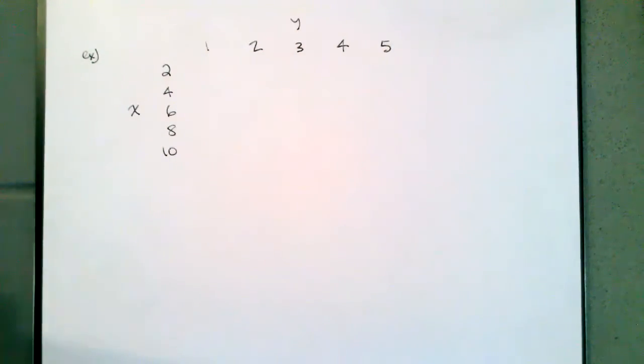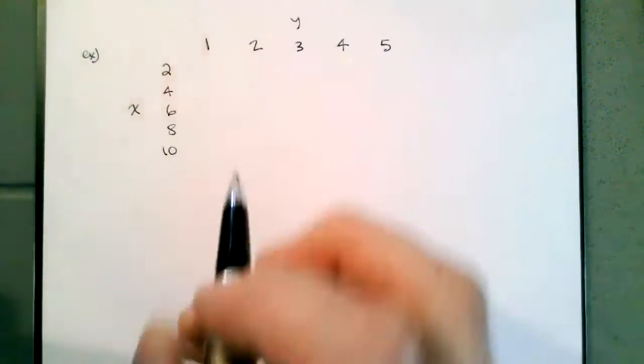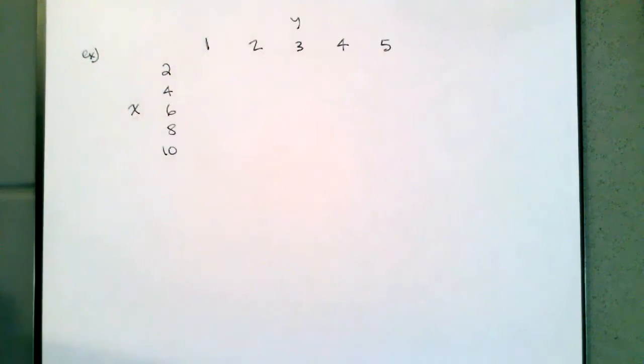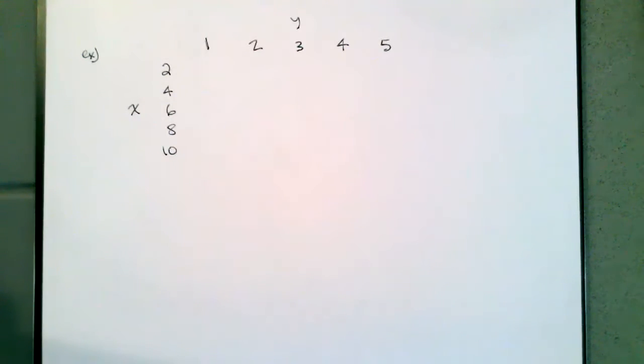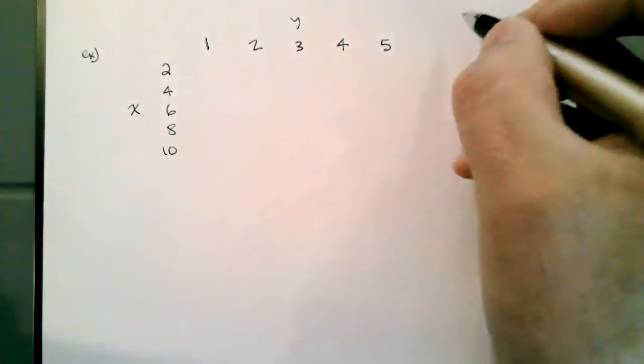So now our table of values, instead of just being x and y, is going to have z as a function of x and y. Instead of having a table of values where y is a function of x, we'll have a table of values where z is a function of x and y.